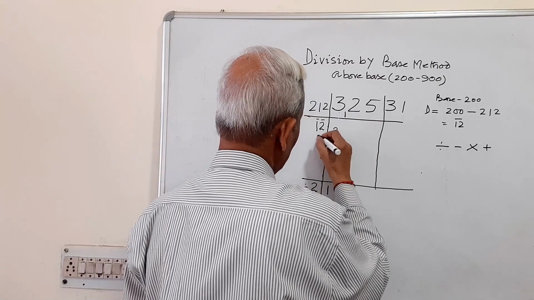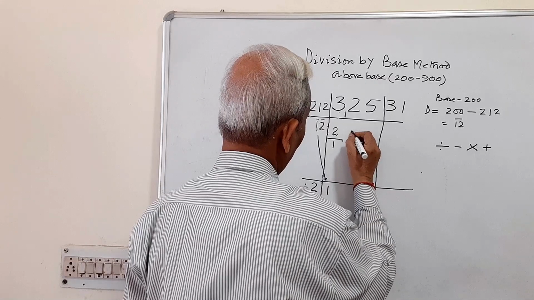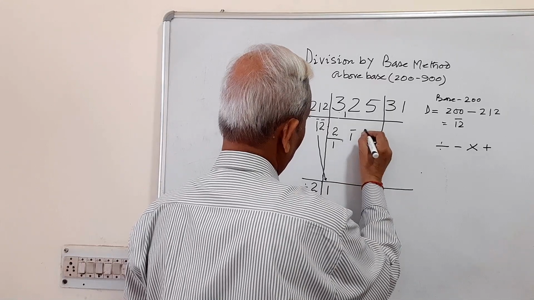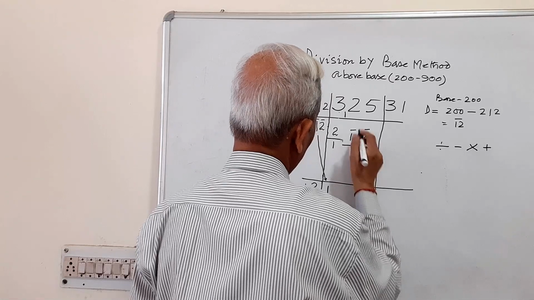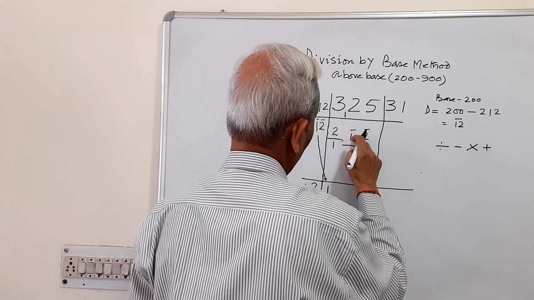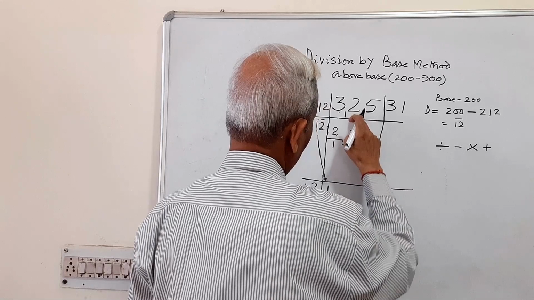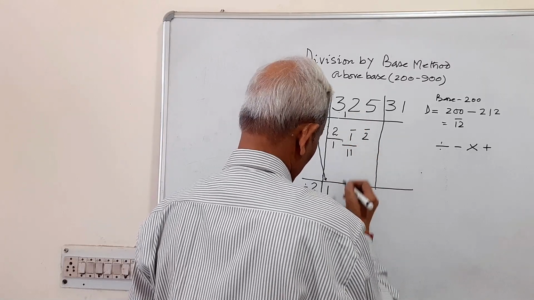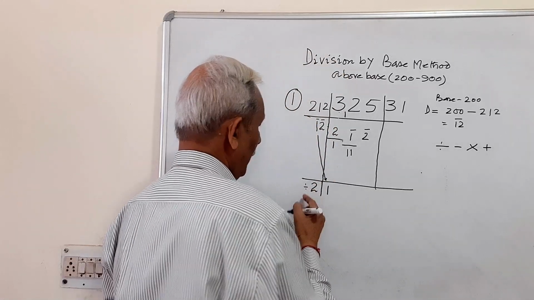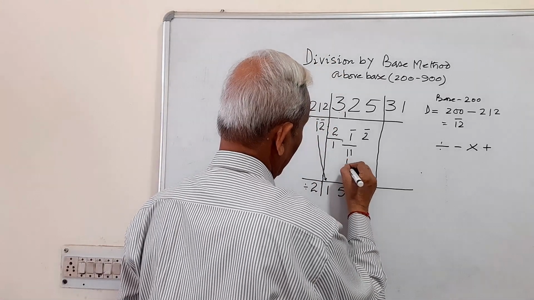Now multiply this 12 bar with this 1, it becomes 1 bar and 2 bar. Now multiply and plus, 12 minus 1 is what? 11. We got 11 here. Now divide it by 2, we get 5. 5 times it goes 10.